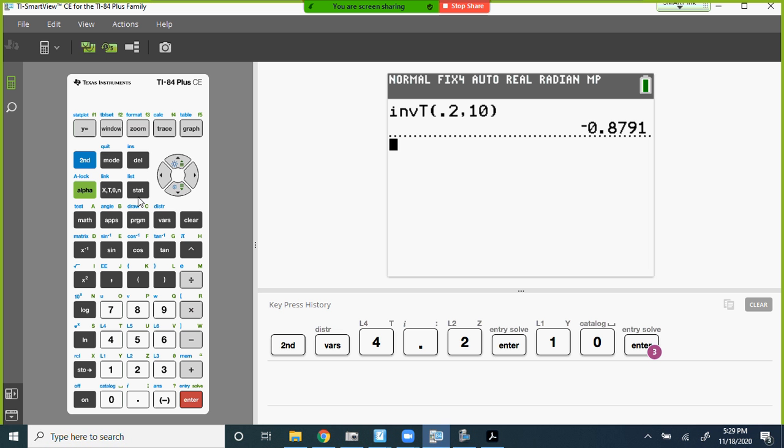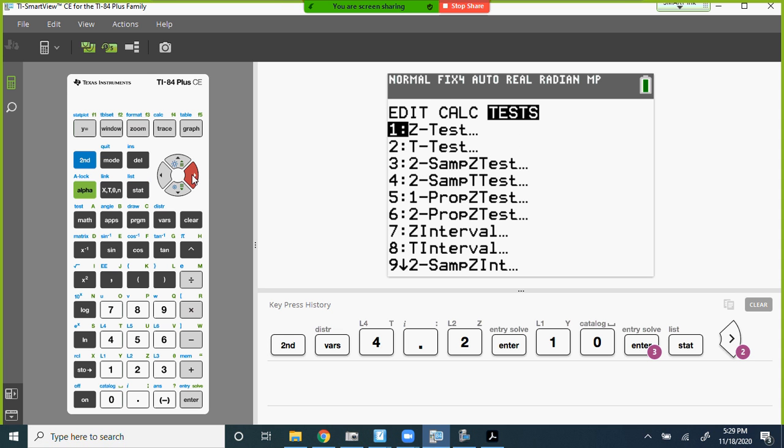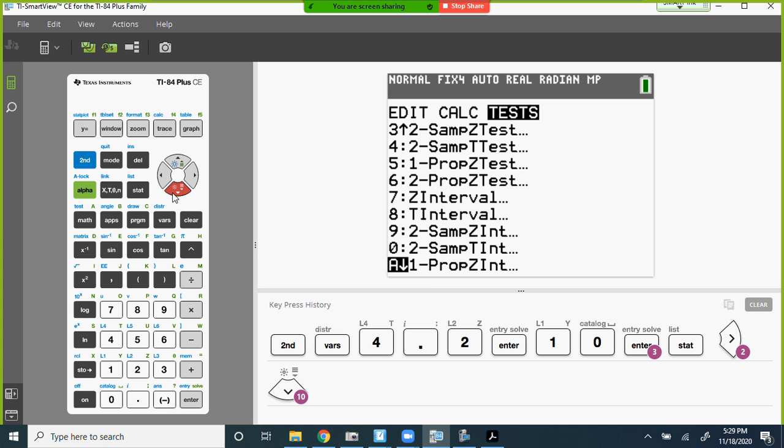We're going to hit stat, and we're going to go over here to test. Previously, what did we do? We went to A, because we were doing a 1 proportional Z confidence interval. We're not doing that now. We're doing a T interval, which is number 8.